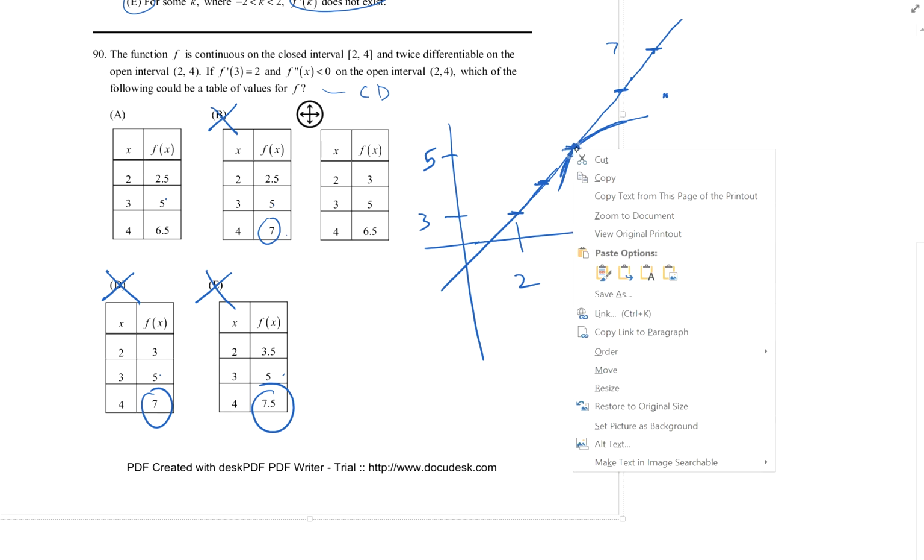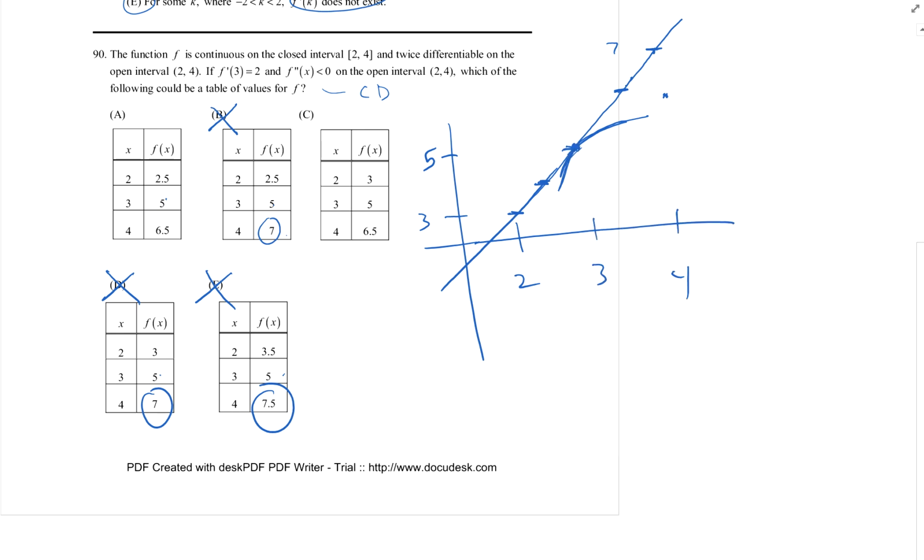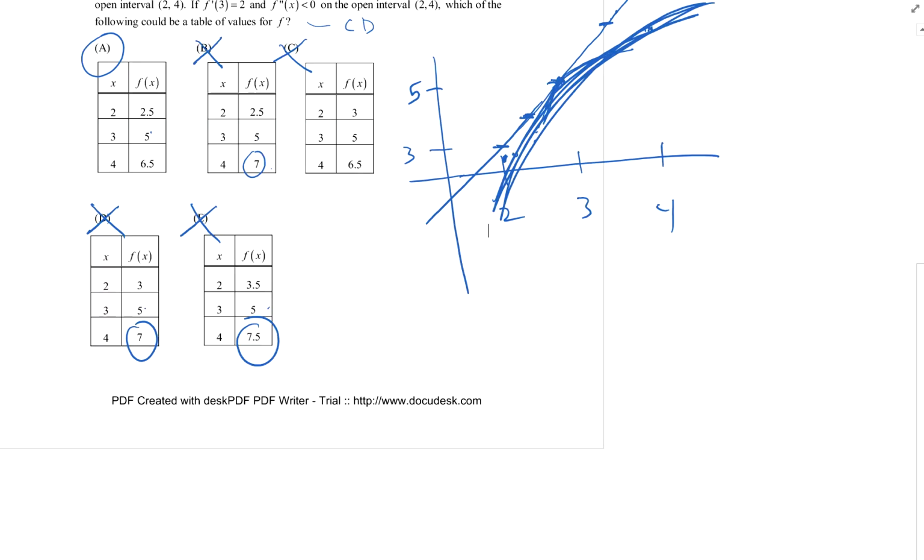Again, if this is tangent and concave down, there's no way it's going to be 3. So that's done. So that's our only candidate, right? This is 2.5 at 2. This is 5, and this is 6.5. That gives me this nice concave down picture right here. Something like that. Okay? Just kind of looking at it and thinking it through.